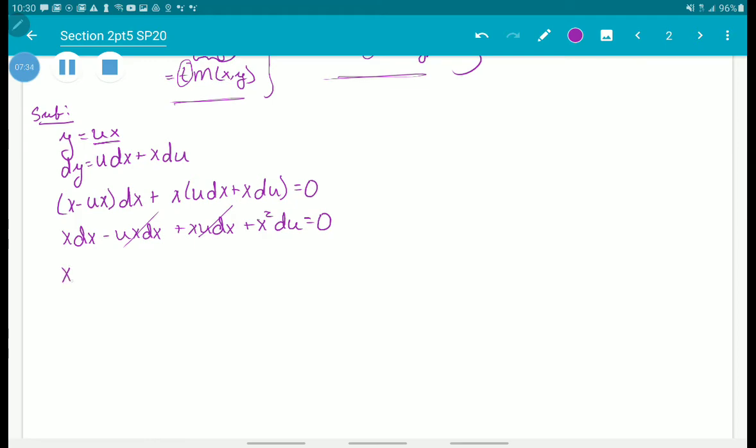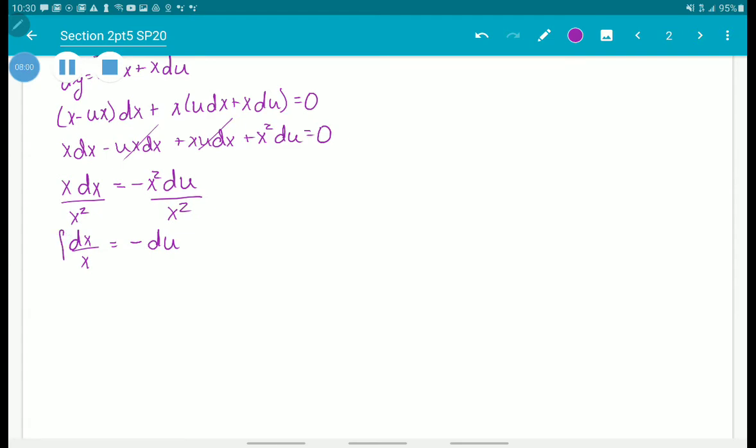So we're left with x dx is equal to negative x squared du. So I'm going to divide both sides by the x squared. So I have dx over x on the left is equal to negative du on the right.